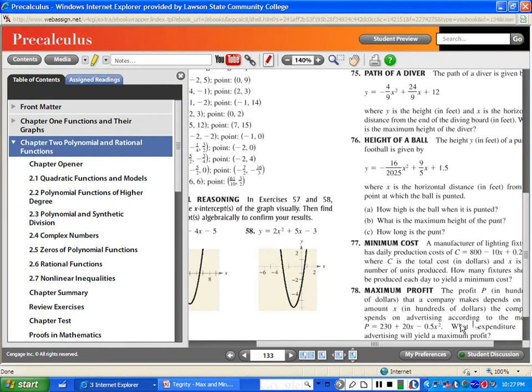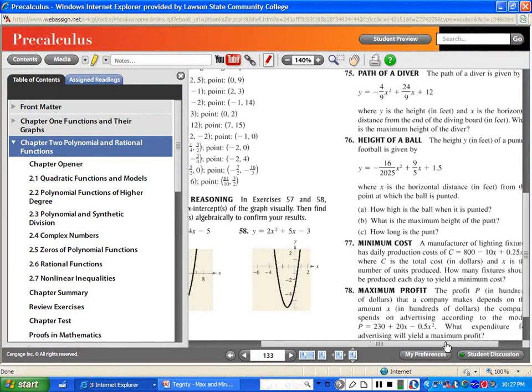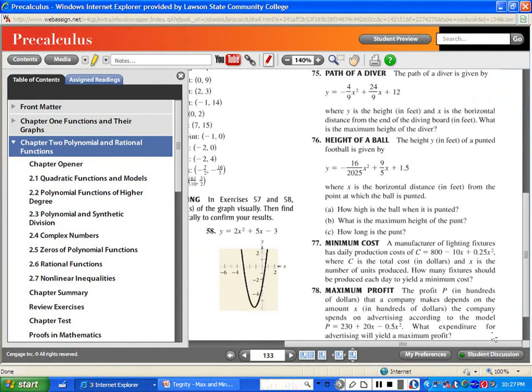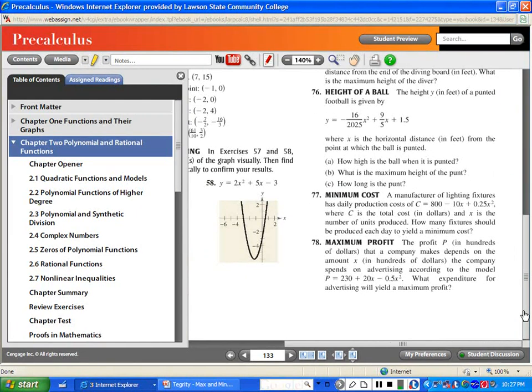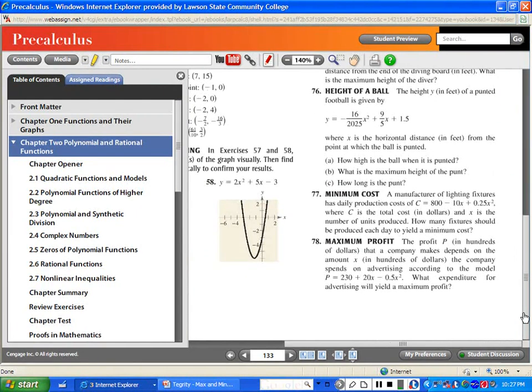Okay, so let's try a problem from the text. Here's a problem. Let's look at number 78. Number 78 is titled Maximum Profit.